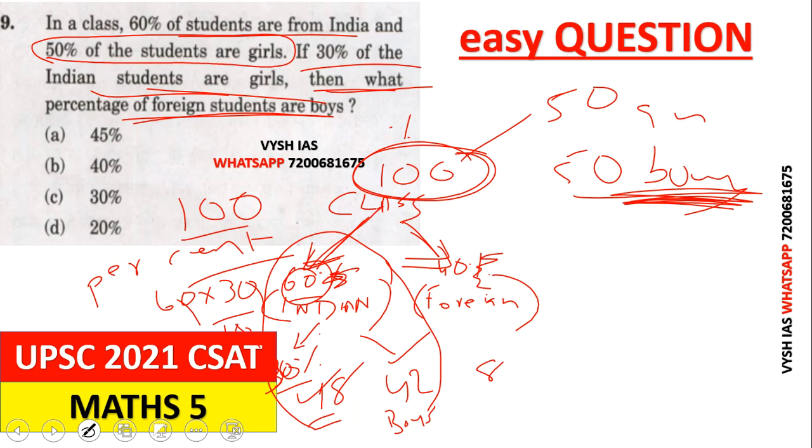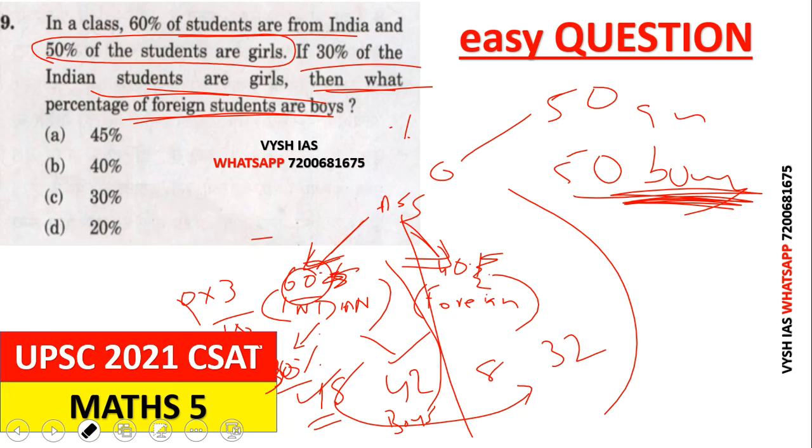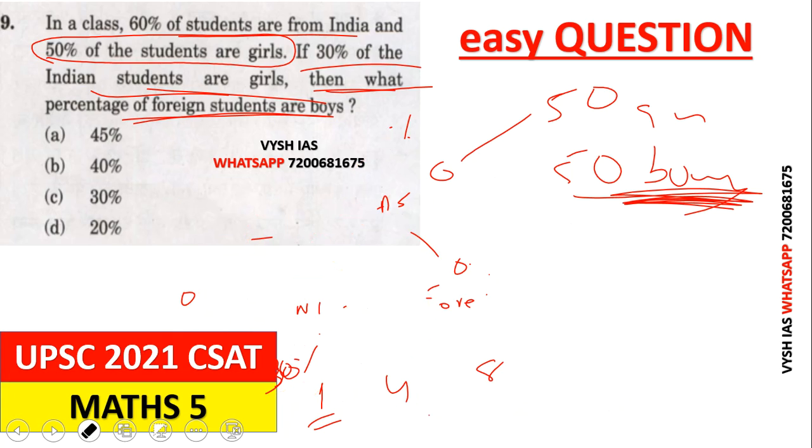So in foreign, there will be 8 boys and 50 minus 18, 32. If it's not clear, I'll explain one more time, because I myself got a little confused. Instead of percentage, I should have taken numbers directly to explain. Just a minute.